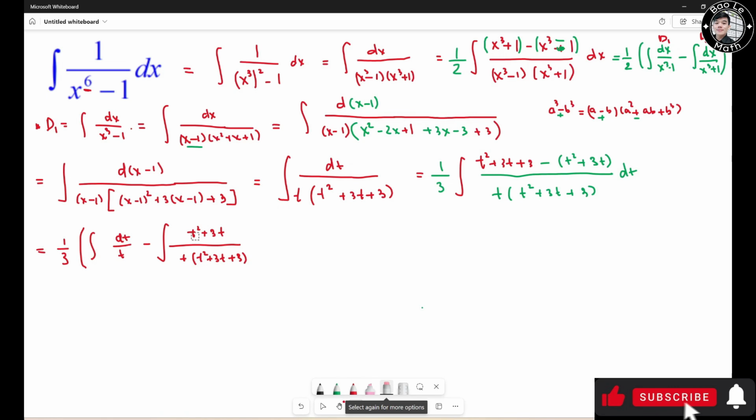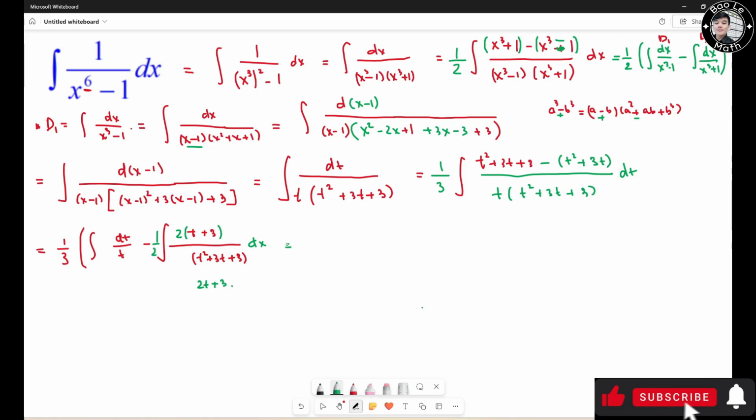Now look at this one right here. I can divide the top and bottom by t. So this guy is gone. The top right here, I only have t plus 3, right? Now, observe that if you take the derivative of the bottom, it's going to be 2t plus 3, right? I only have t's right here, so I need to multiply the top by 2 so that I have 2t's, right? So because I just multiply by 2, I need to divide by 2 so that things don't change.